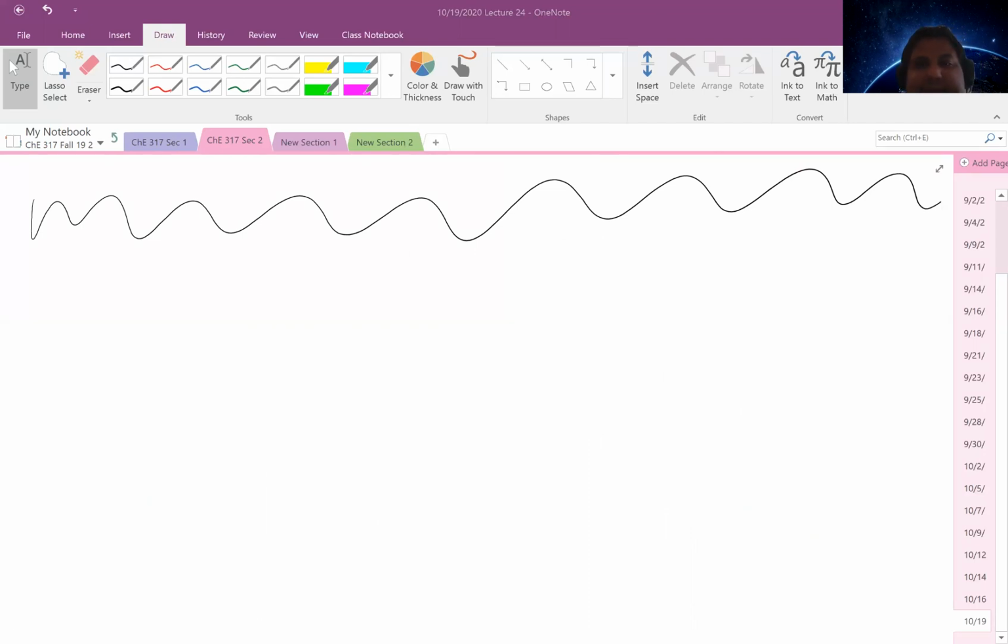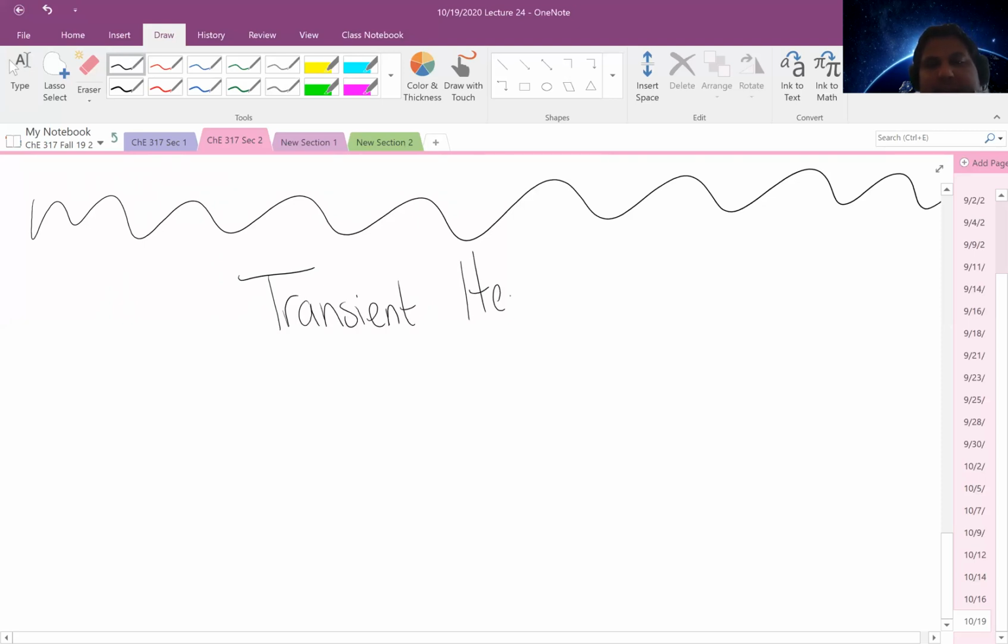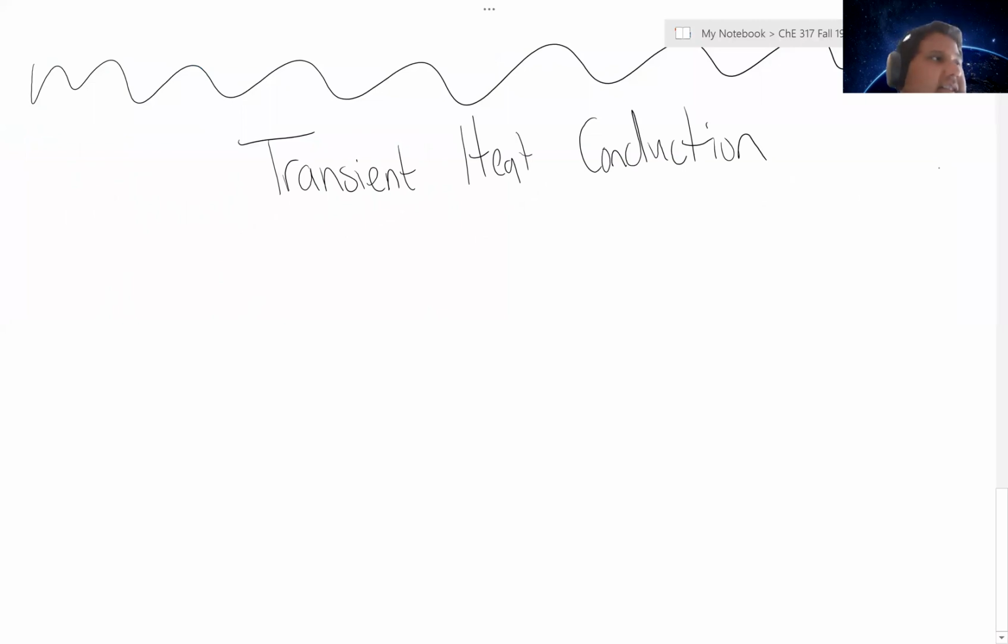And now we're going to talk about transient heat conduction, where we consider systems that are not at steady state. There are a few ways in which we can analyze systems. The first case is going to be through use of what is known as a lumped system analysis.